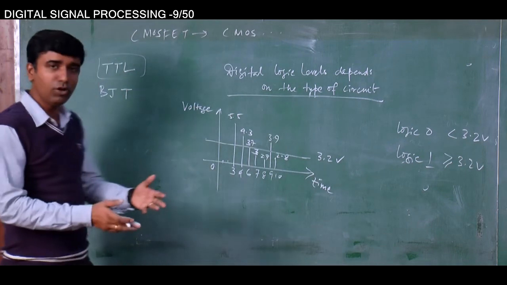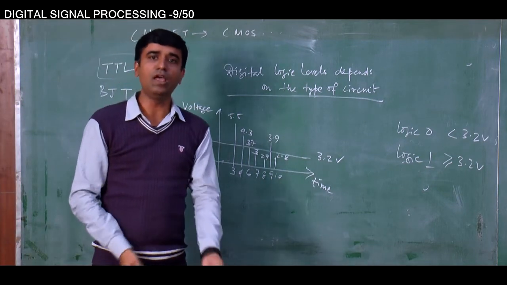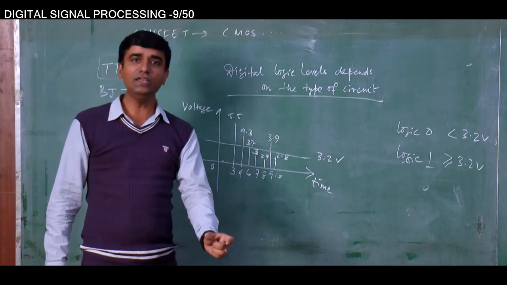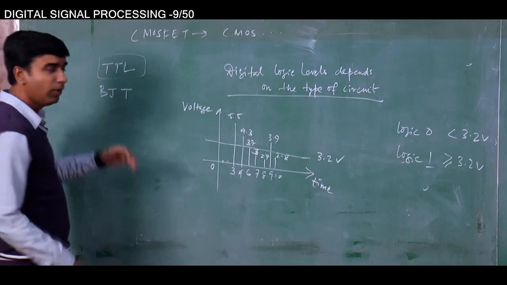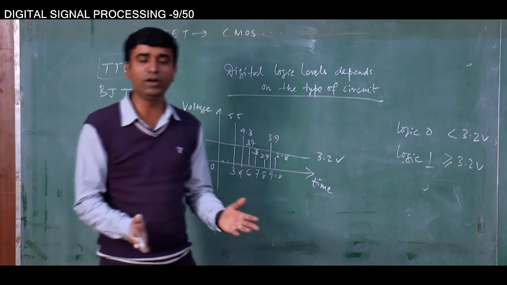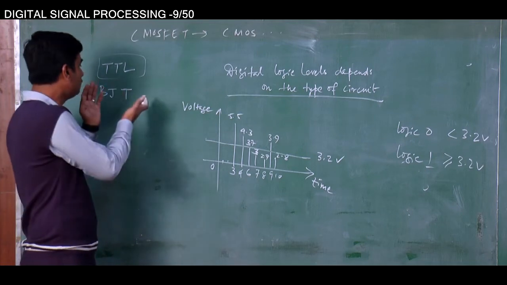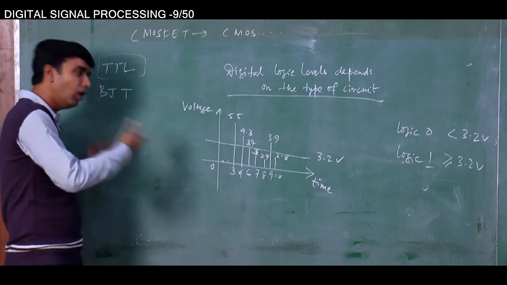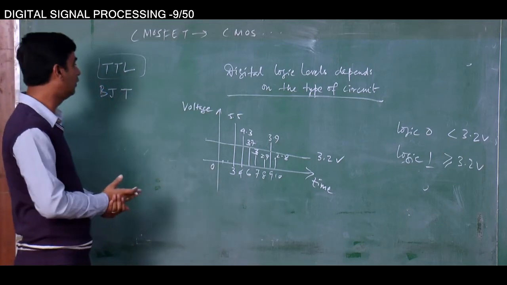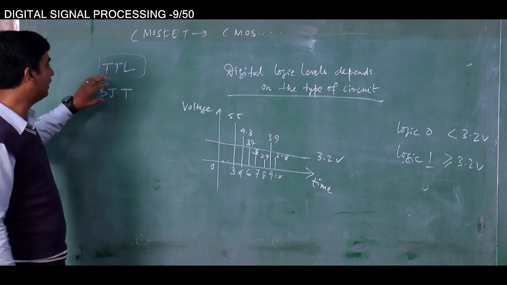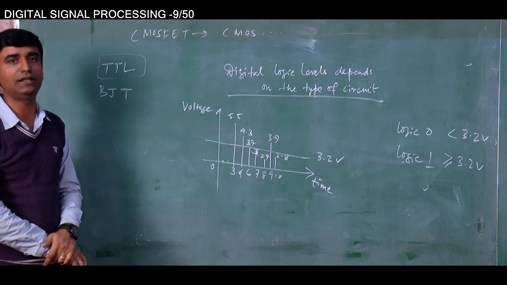Now, I will give you one practical example, a very simple gate, the NAND gate. These were actually developed maybe 20-25 years back, and in those days TTL logic was used. Now also they are manufactured by TTL logic only, where the main component of the circuit is the BJT or bipolar junction transistor.